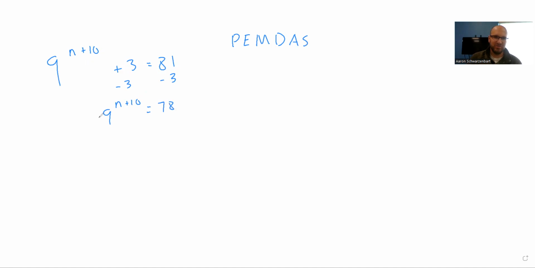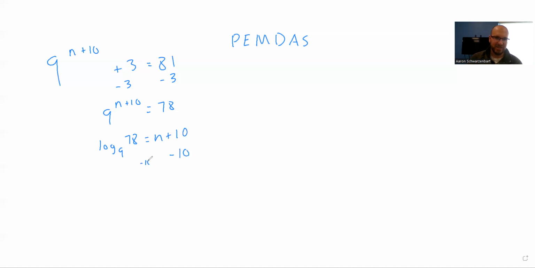I don't have anything multiplied or divided here. So now I'm at the exponents level and I'm going to convert to a logarithm. This is actually number 11 on that worksheet. When I convert to logarithm, that's log base 9 of 78 equals n plus 10.